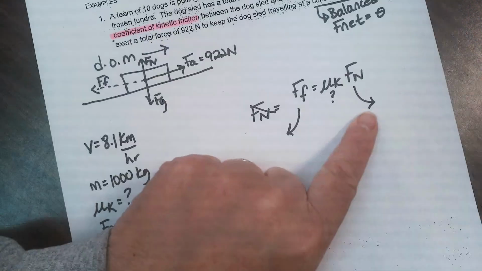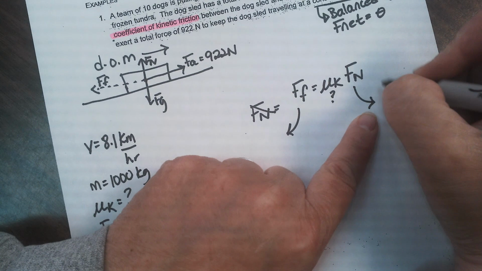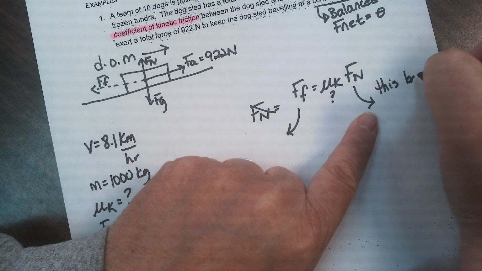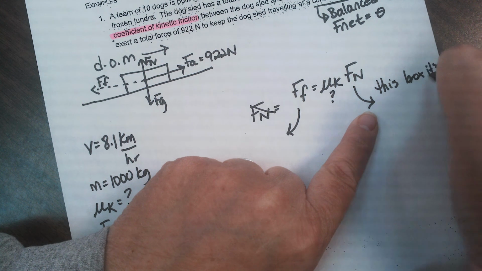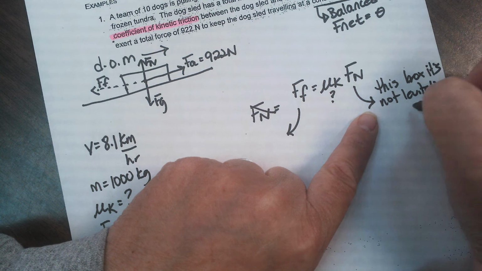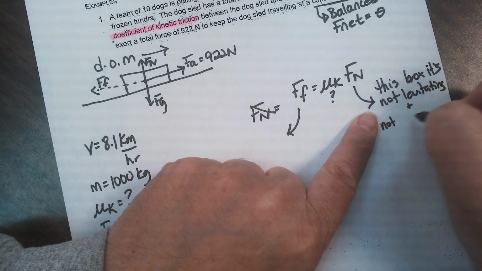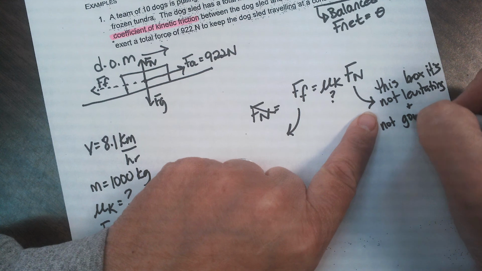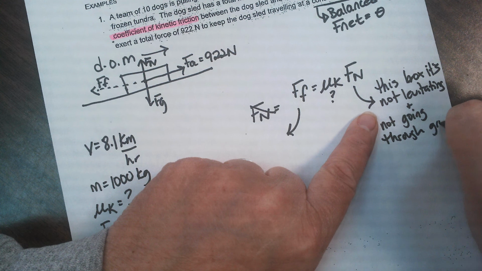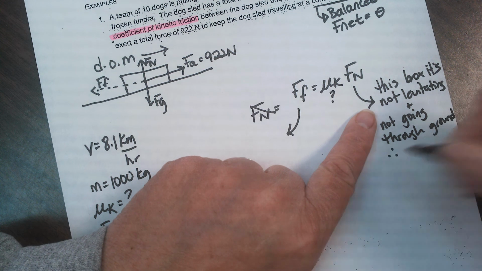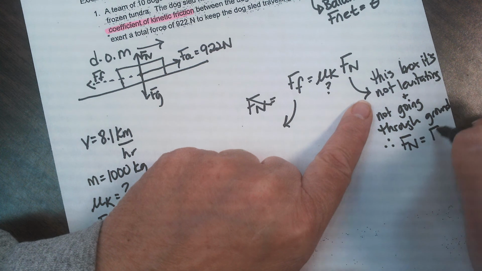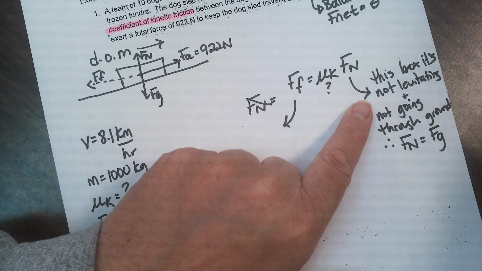Let's look at force normal. We know that this box, or this dog sled, is not levitating and it's not being driven through the ground. Therefore, force normal has to be equal to force of gravity.